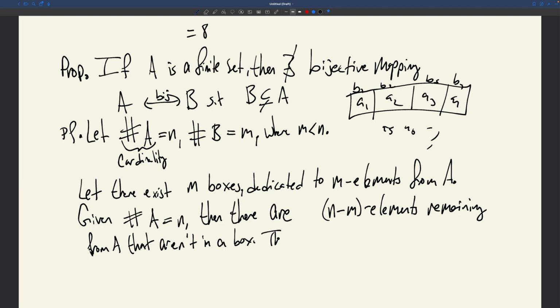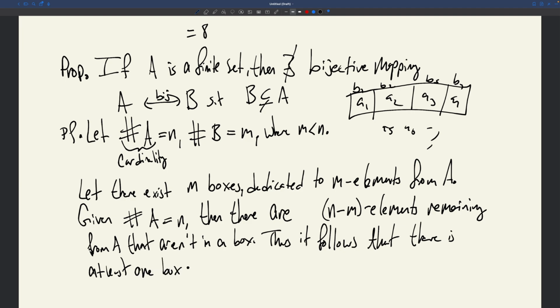Thus it follows that there is at least one box that has two elements.